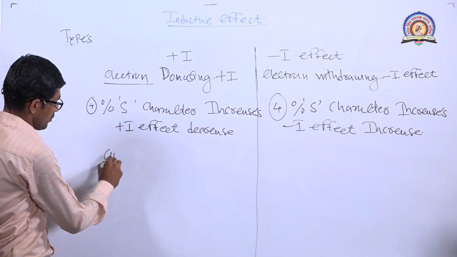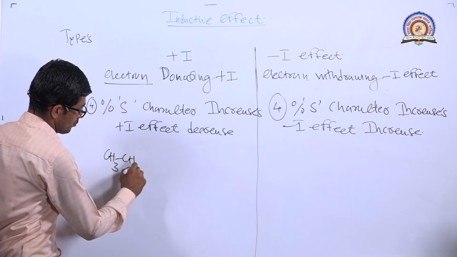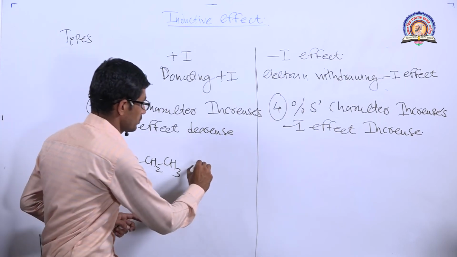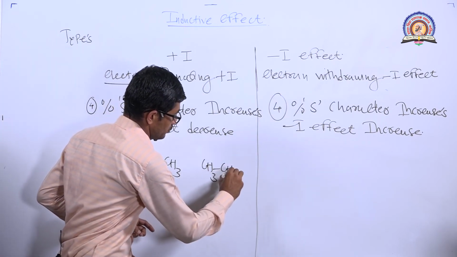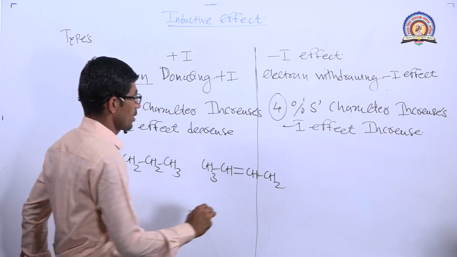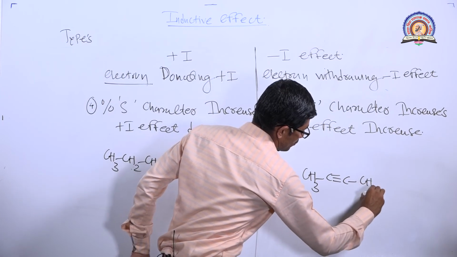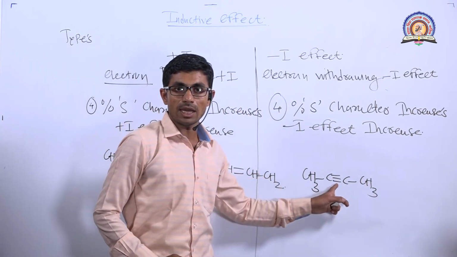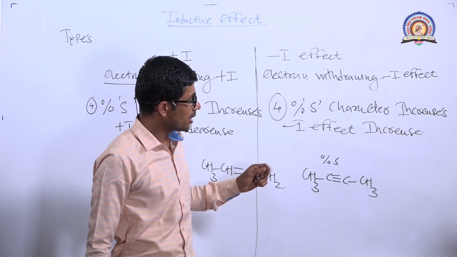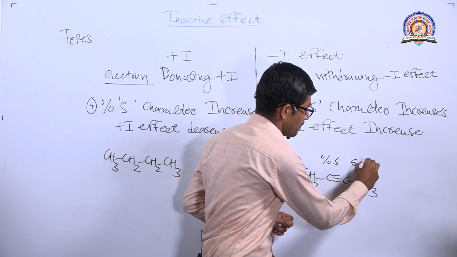Suppose here, in alkyne, the percentage of s character is almost 50%.